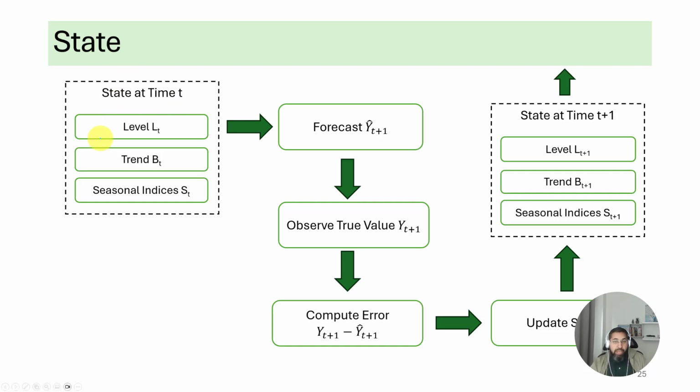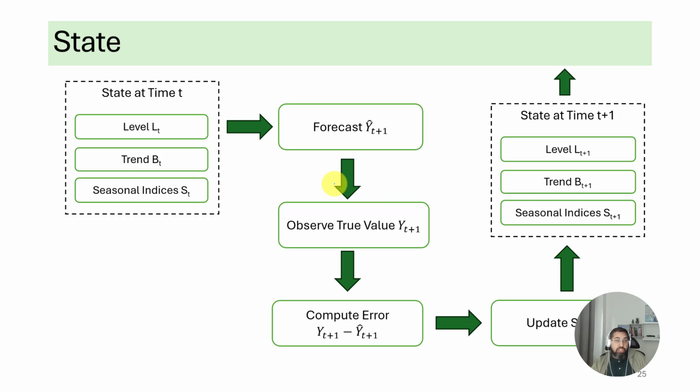Based on this state, we can forecast the next value. If we're at time t, the state is at time t. We use the state at time t to forecast the next value at time t plus 1. So we make our forecast for the next month. Then a month passes, and we observe the true value, right? We forecast the sales for October.